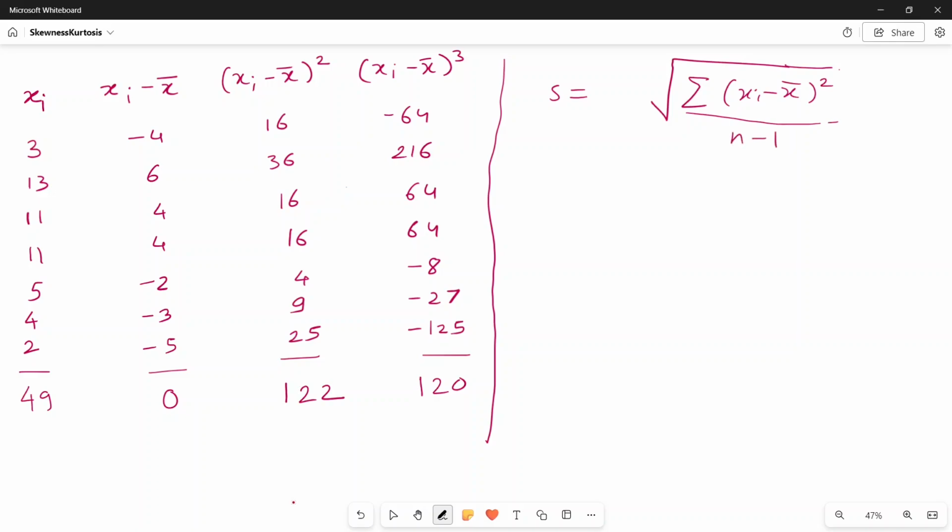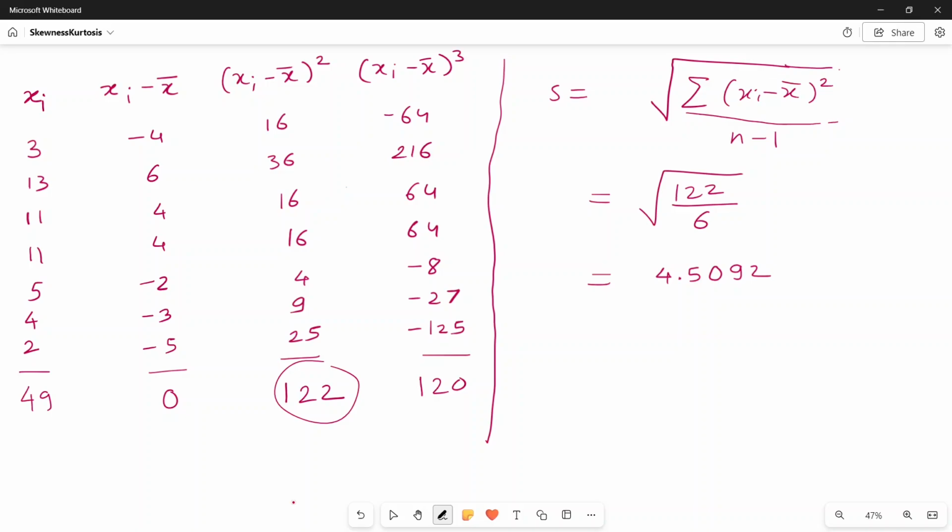N minus 1 because this is a sample. Okay. So this is square root of 122, which we have calculated already, divided by 7 minus 1, that is 6. So this will be equal to, if you actually calculate, something like 4.5092.